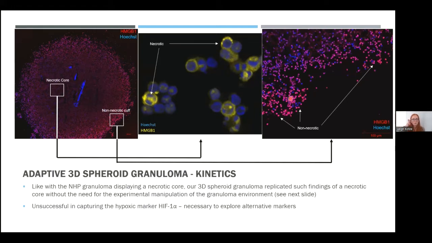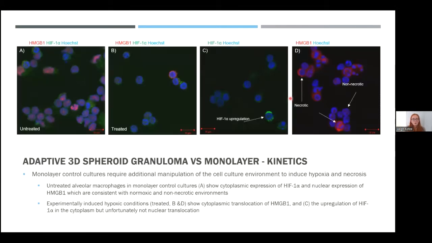What is very important from this image is that this feature, or this immunological response, happened really organically. And this really drives home the importance of using a 3D culture model versus a traditional 2D monolayer, because we did an optimization experiment whereby we tried to observe HMGB1 and necrosis occurring in a monolayer structure, also using macrophages, but this did not occur at all unless we mechanically induced an anaerobic environment.